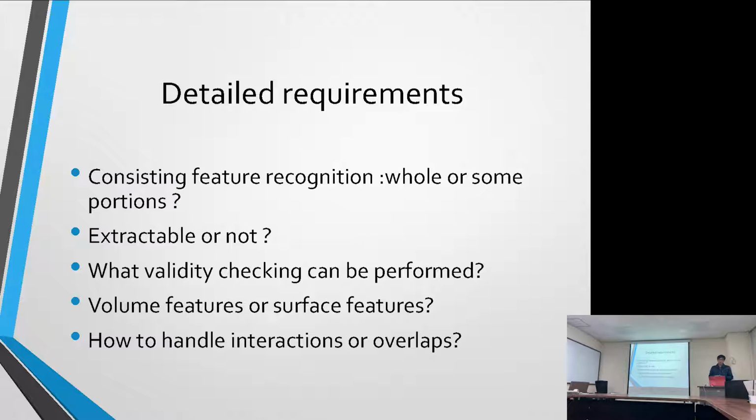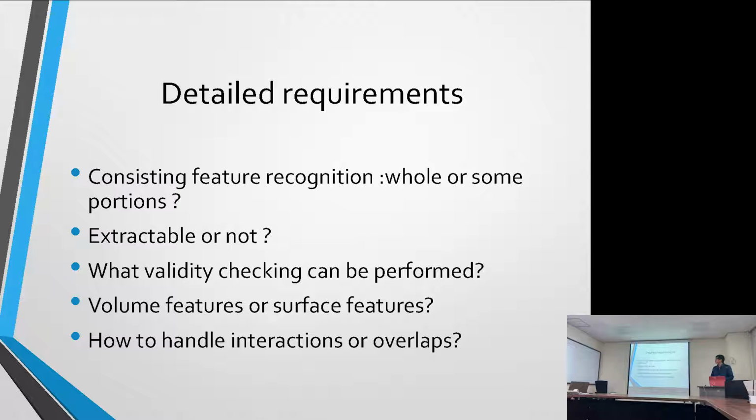And then that recognized feature, whether you want it to be extractable or not. And then you want to check whether the feature is valid or what kind of validity requirements you want to use for the feature. And the next one is whether you want to get the volume features or the surface features. And then how do you want to handle interactions between these features.